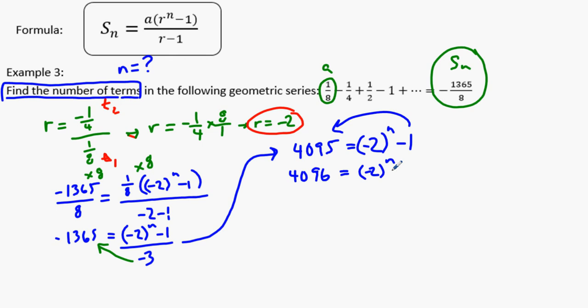And then, of course, I can make a common base here, so negative 2 to the exponent of what equals 4,096, so negative 2 here as well. And this guy here must be, doing your calculator, a little bit of guessing and checking, a pretty big number, but it's actually 12. So here we go, drop the base, so I know n is equal to 12.